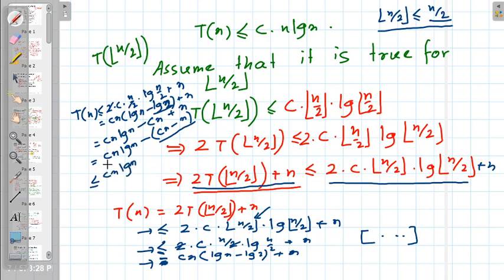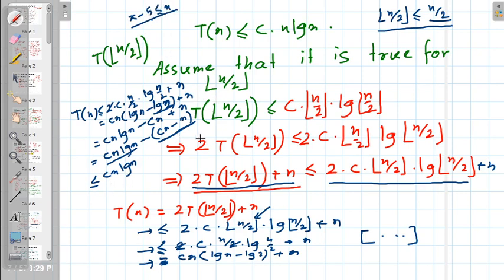You see, this is Cn log n minus some positive quantity. It is like saying x minus, say, 5 is less equal to x. So x minus some positive quantity will be less equal to x.